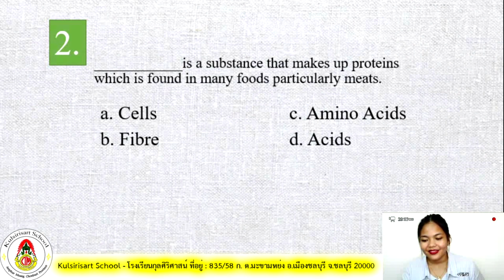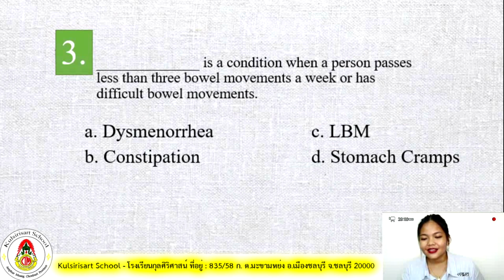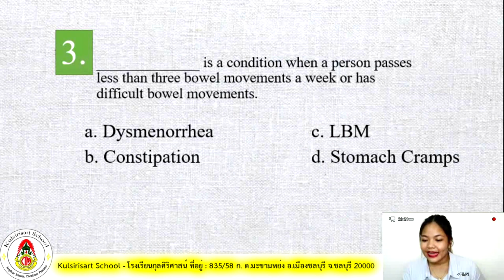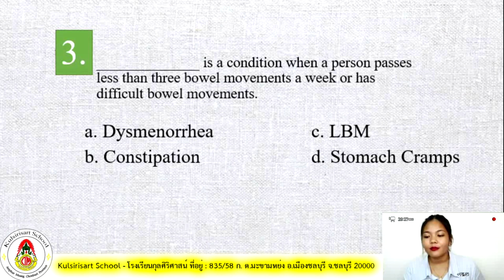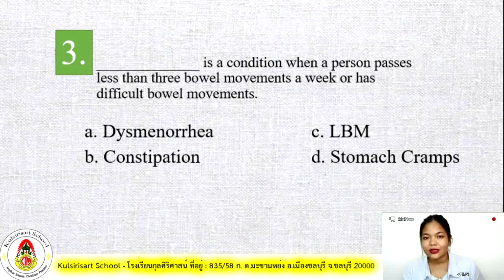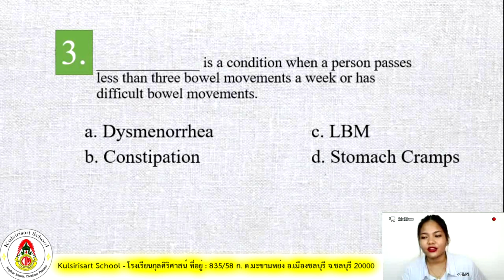And the next one is number 3. Blank is a condition when a person passes less than 3 bowel movements a week or has difficult bowel movements. So this is a condition or an illness. Again, let me repeat the question.